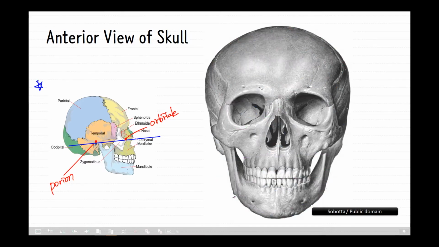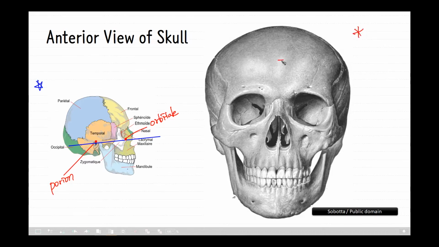In the anterior view of the skull, we can see the frontal bone, nasal bone, maxilla, zygomatic bone, and mandible, or 5 bones primarily. And we also may see portions of the sphenoid, temporal, lacrimal, ethmoid, and palatine bones. Now, let's find these individual bones in this right figure.